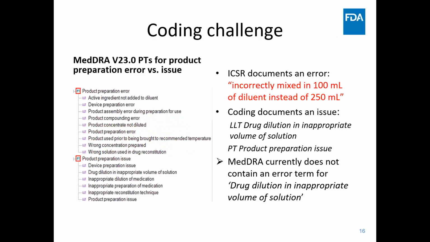But the selected coding documented an issue. There isn't an exact scenario of the drug diluent in an inappropriate volume of solution that rolls up to the error term. And one can't really expect every scenario to be reflected in MedDRA. There are many scenarios, and MedDRA is very granular. But what to do in such a situation? So what should one do?